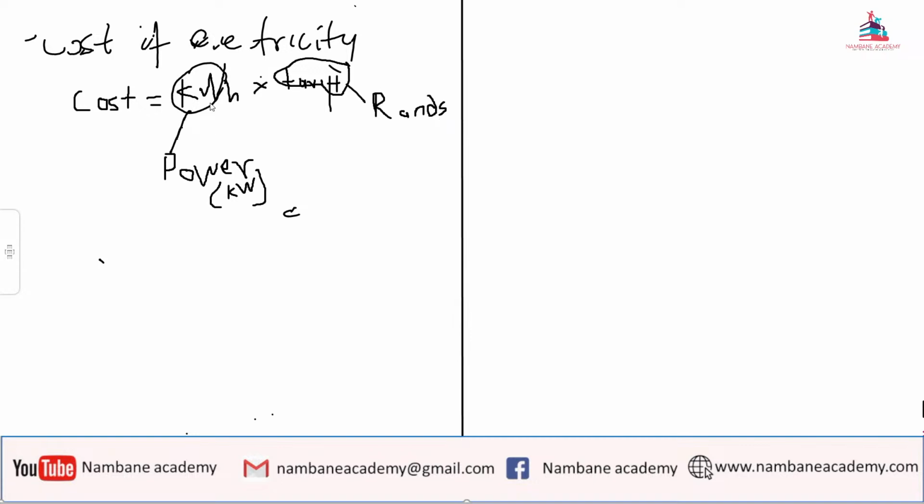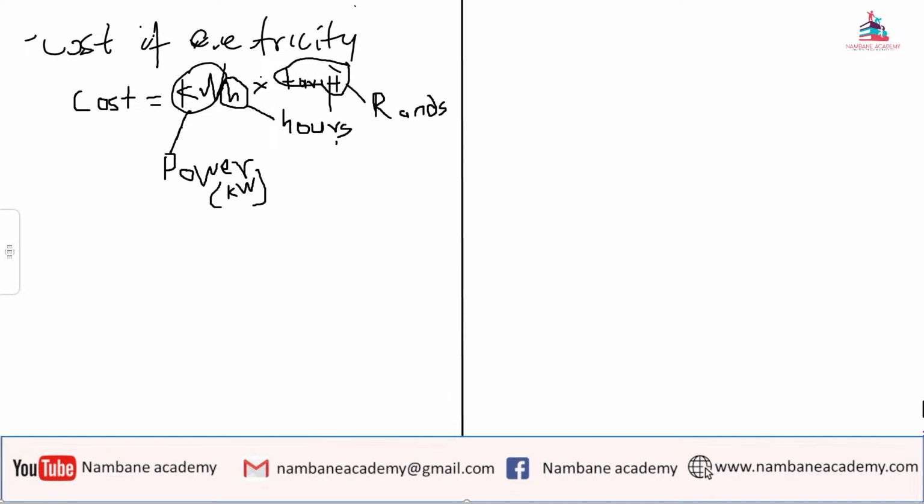But kilowatt hour then basically says we must multiply whatever we have in terms of hours. So what we do there will be very easy. We must multiply the power that we calculated with hours. So if I am given time in minutes, I must convert that time into hours.